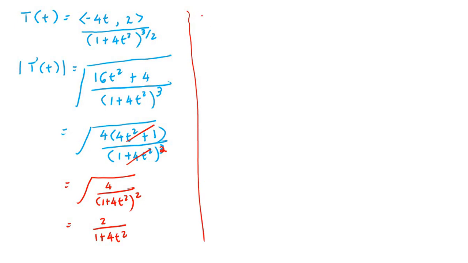Hence, the unit normal vector N(t) will be T prime t divided by the magnitude of T prime t.